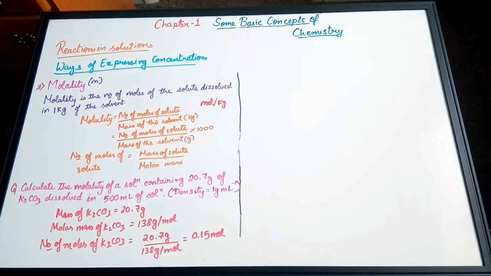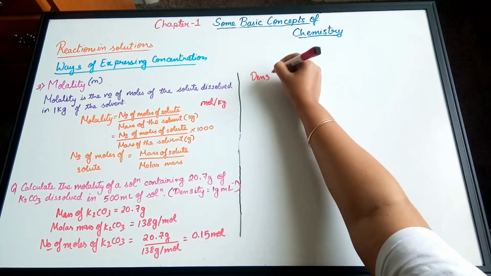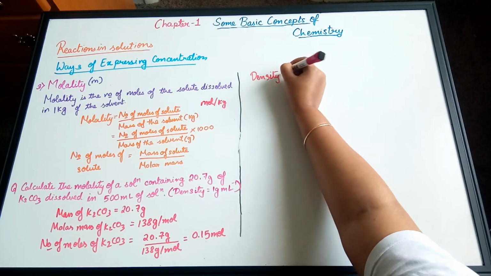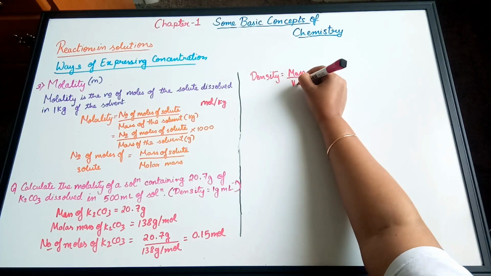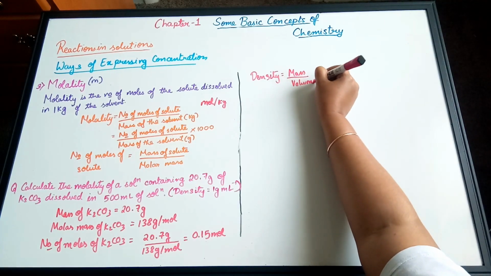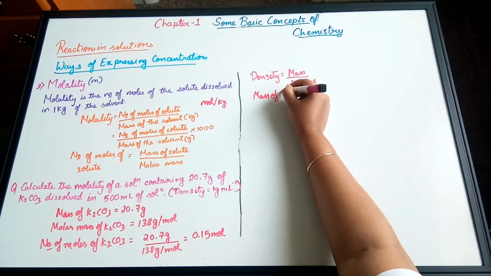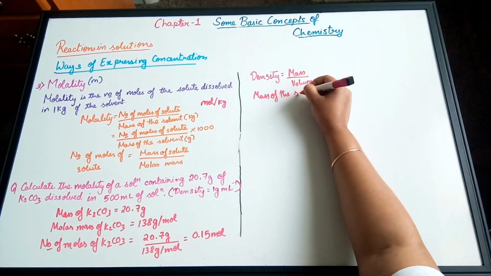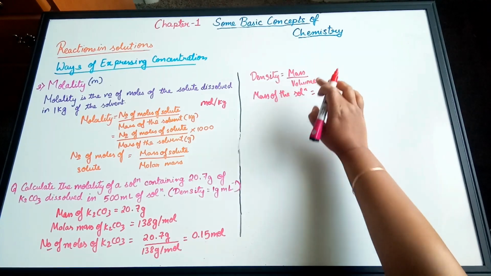Next, we need to calculate the mass of the solution. So first of all, density equals mass by volume. So the mass of the solution will be equal to volume into density.